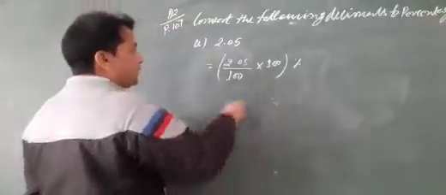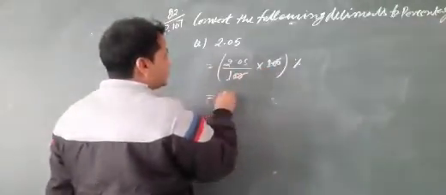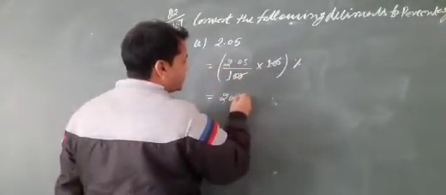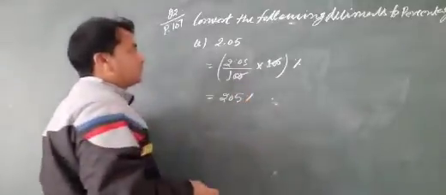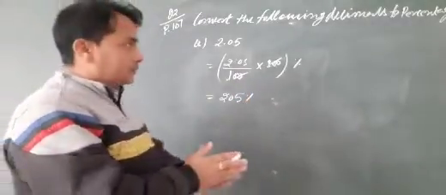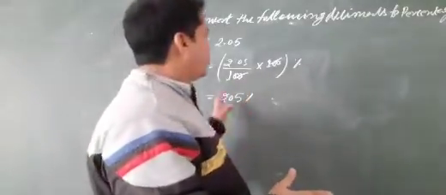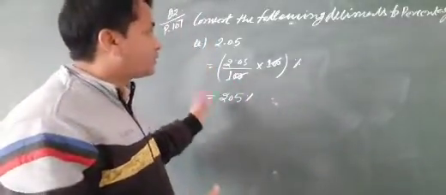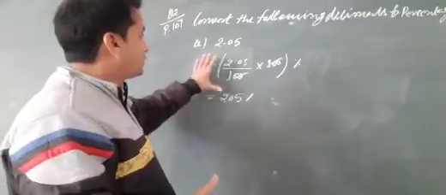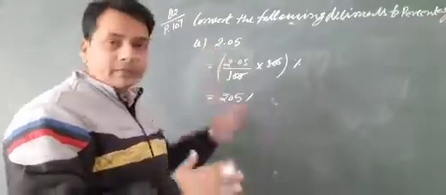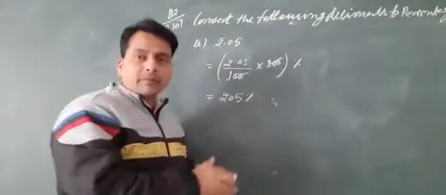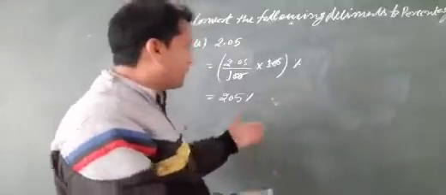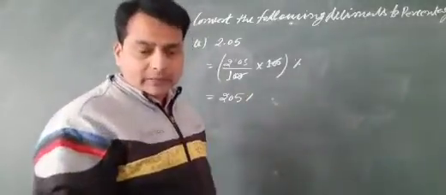So it is 205%. In the first step, to convert a decimal to a percentage, first convert the decimal into a fraction, then multiply by 100 and add the sign of percentage.